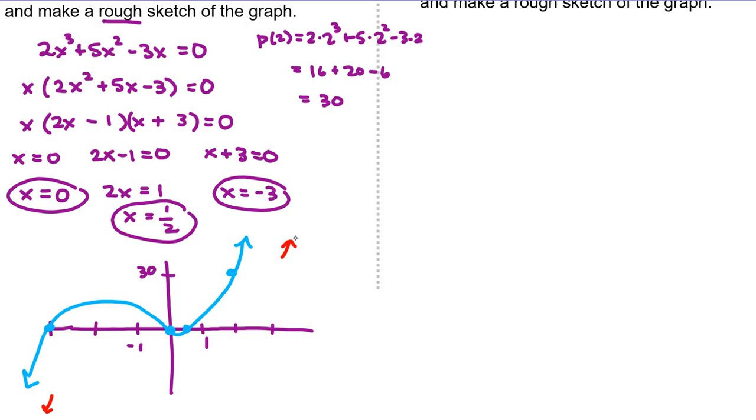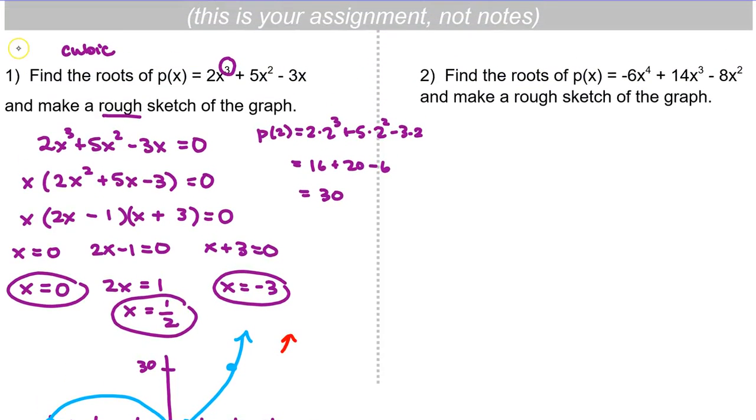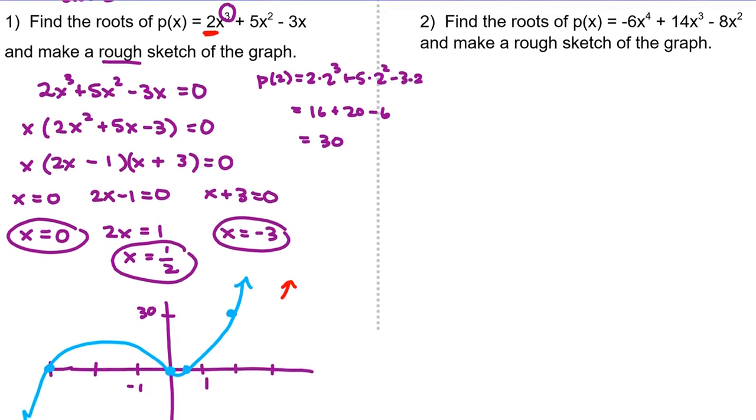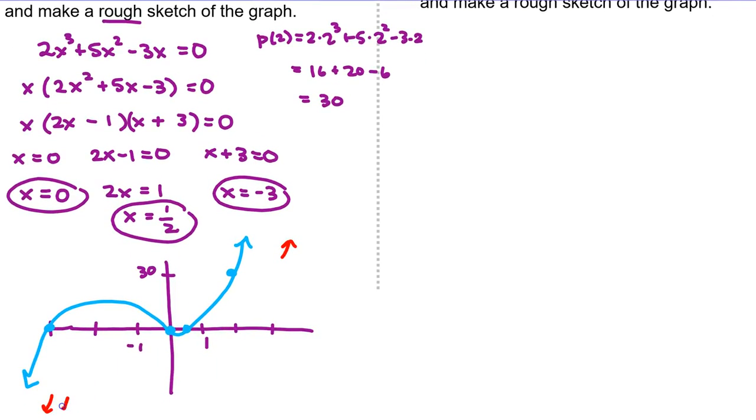And if the leading coefficient is positive, so this 2 right here, the 2 on the term with highest degree, if that's a positive number, then it's like a line with a positive slope where you have the left end down and the right end up. But if that was a negative number, then the ends would be reversed.